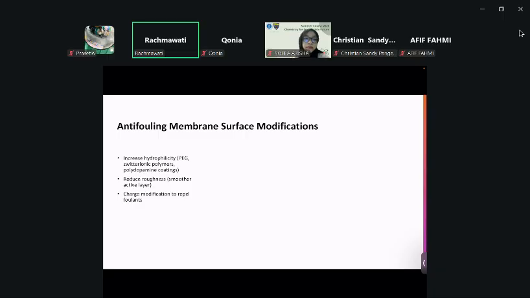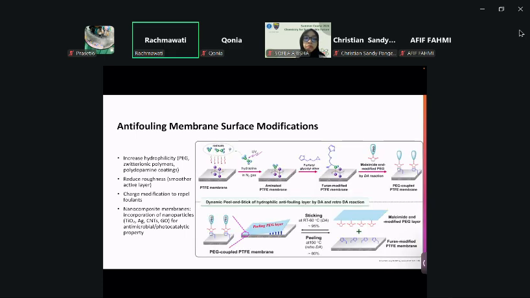And probably there's also charge modification to repel the foulants, especially the concerning ions. And sometimes you also incorporate nanocomposite membranes, such as titanium oxide, silver, graphene oxide, carbon nanotubes, to increase the antimicrobial property. So this is an example of modifying the surface.